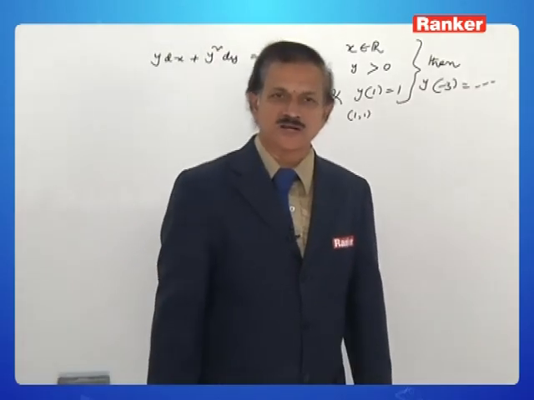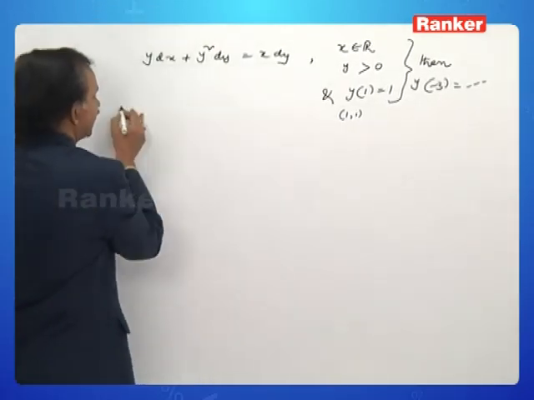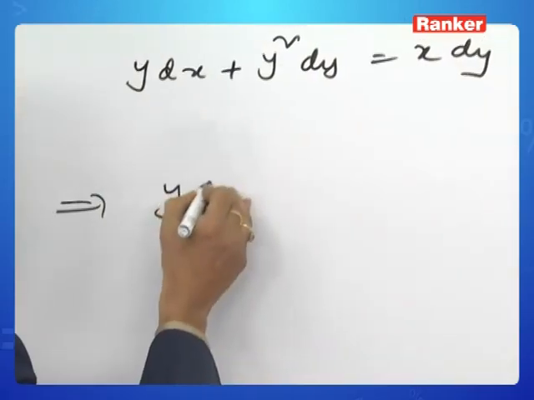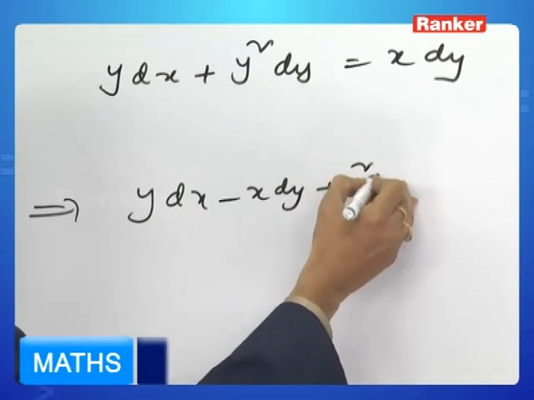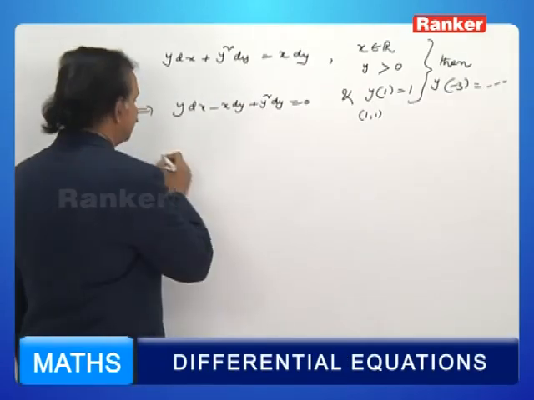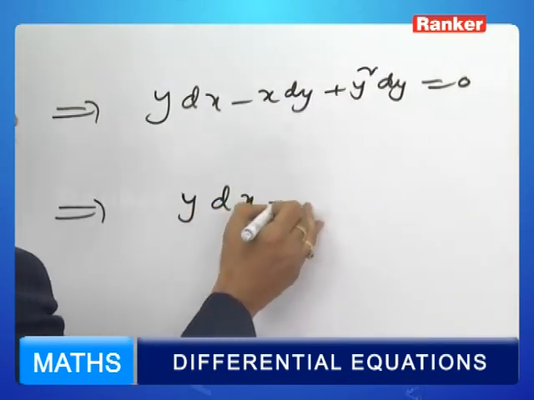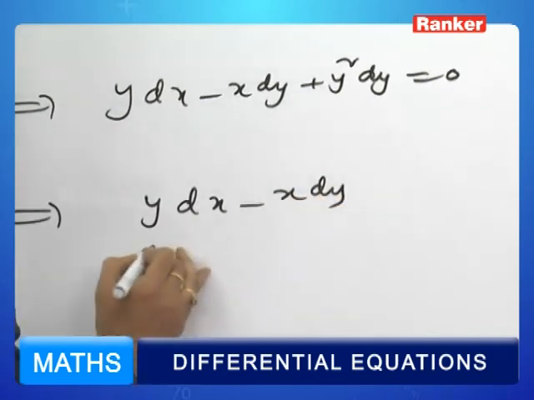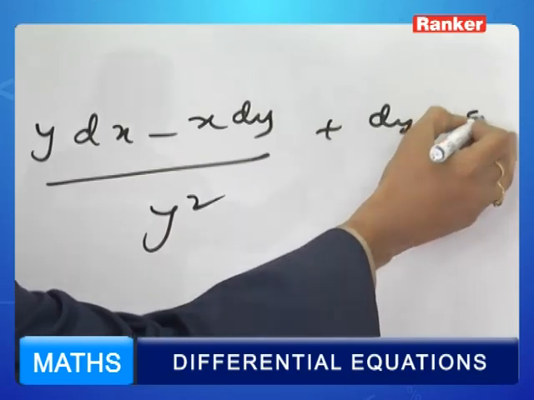Well, let us try to solve it first. This can be written as y dx minus x dy plus y square dy is equal to 0. Let me divide throughout by y square, so that (y dx minus x dy) by y square plus dy is equal to 0.